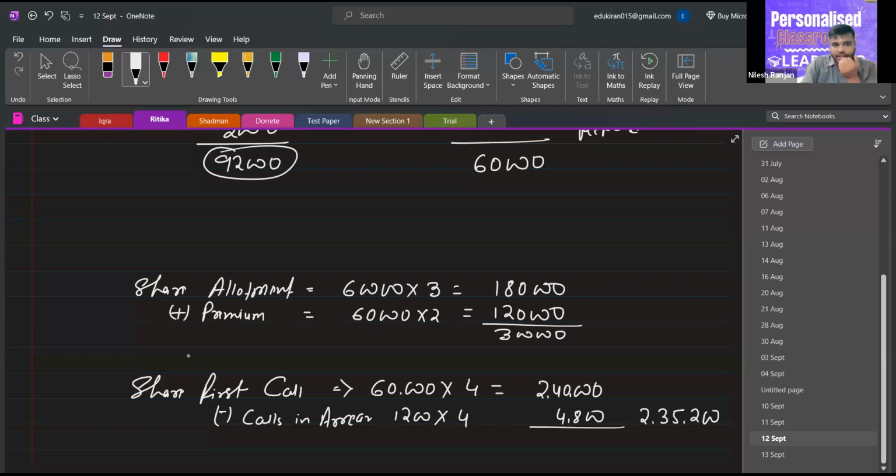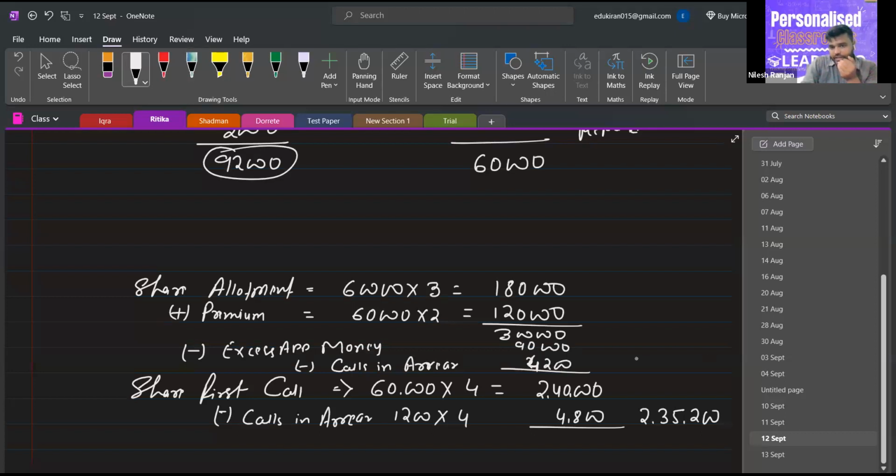And we will minus excess application money 90,000 and also minus calls in arrear, 4,200.